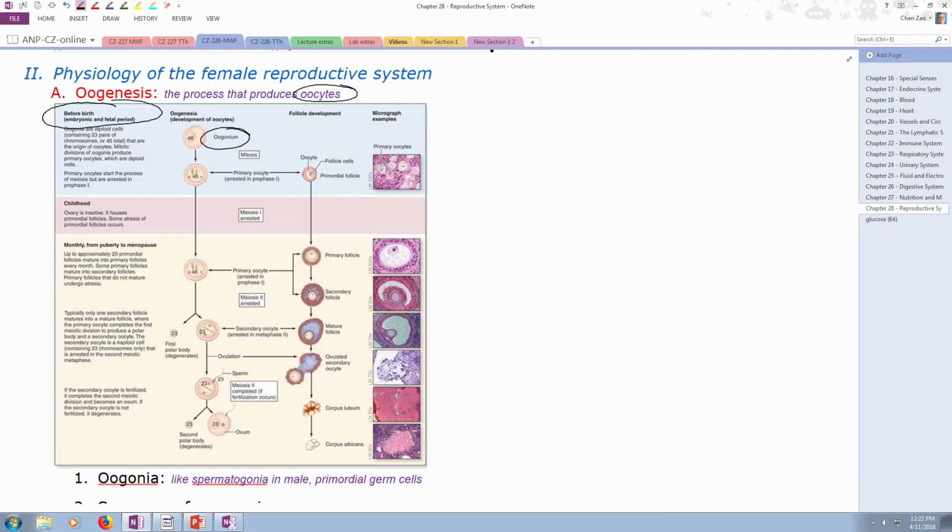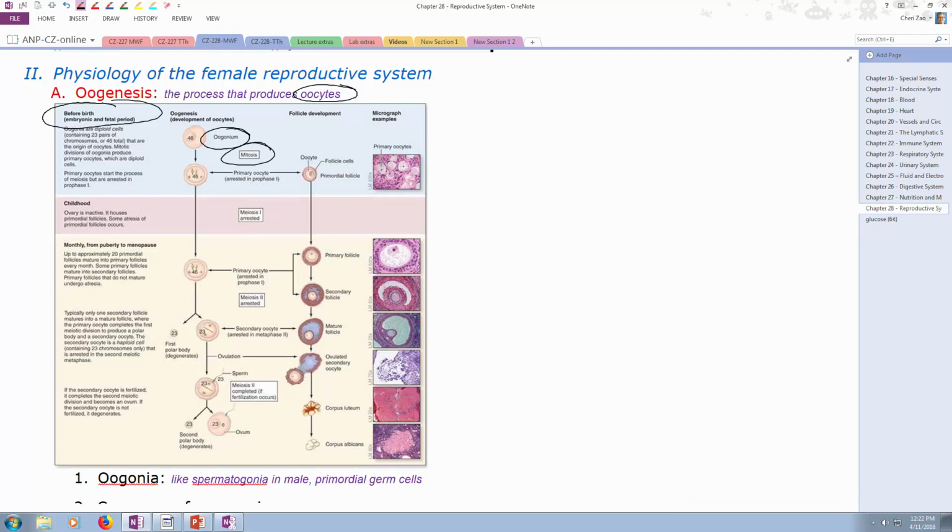So these, as the notes say, undergo mitosis. They're mitotically active, which means when they undergo mitosis, you have 2 exact copies of the original, correct? They will do this until the ovaries are populated with millions of these oogonia.